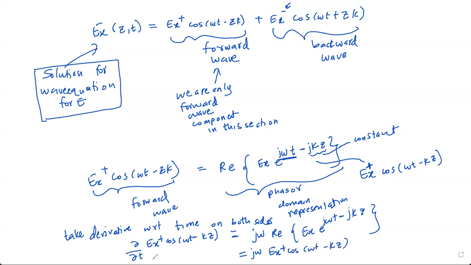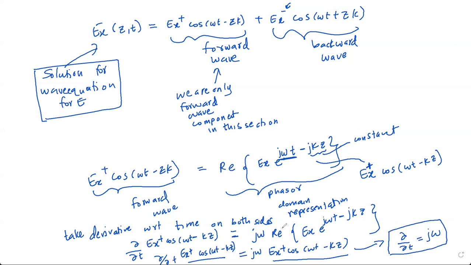In here also I have the same thing, the derivative with respect to t of Ex plus cos(omega t minus kz). Since these two terms are equal, I can get the conclusion that the derivative with respect to t is equal to j omega.